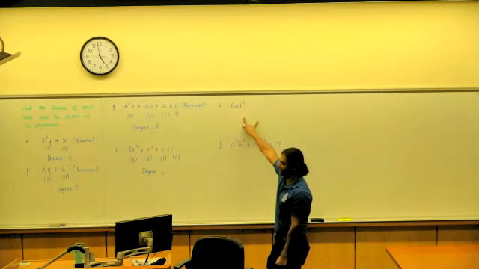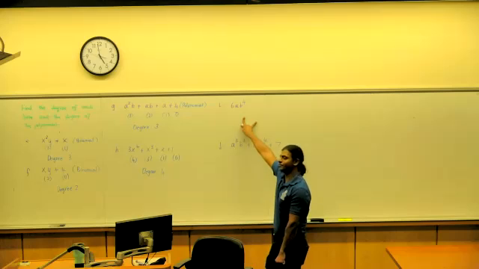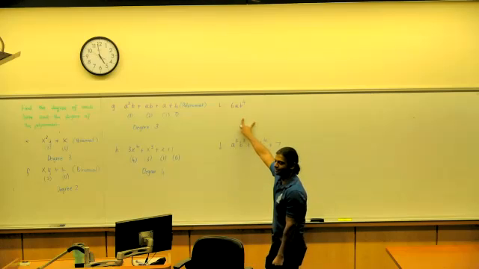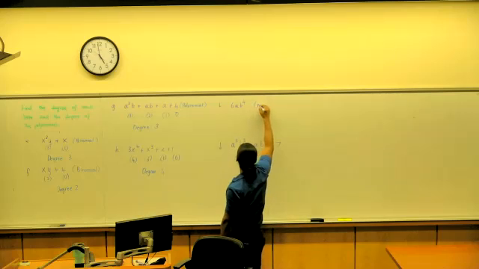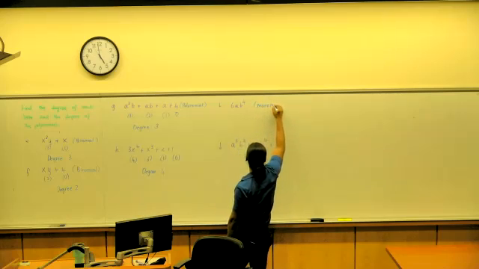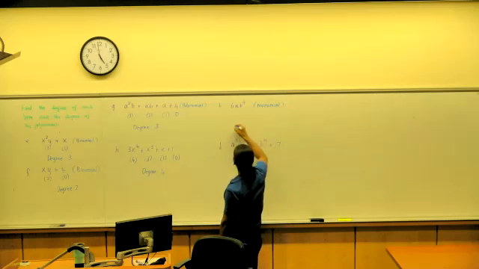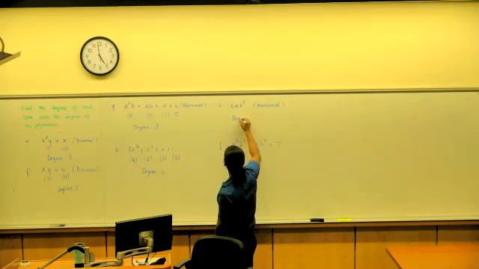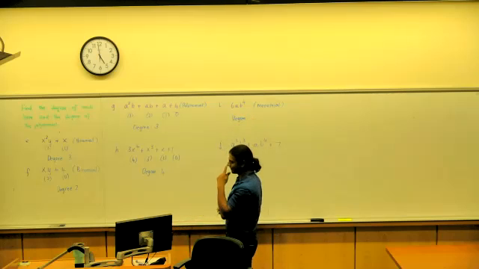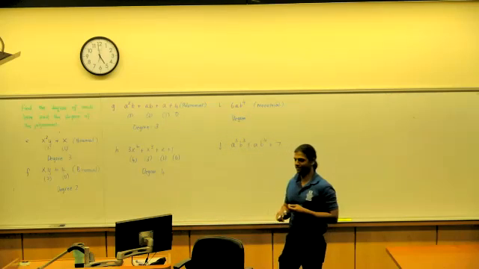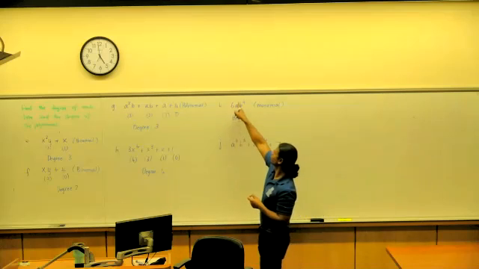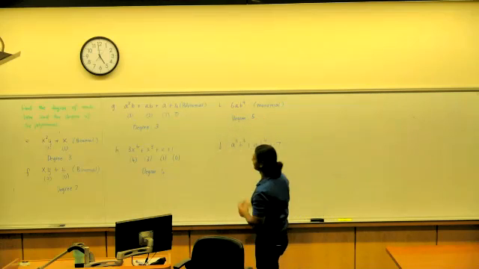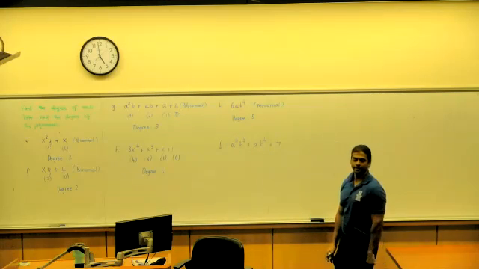Is that a binomial, trinomial, polynomial, monomial? Monomial. There is only 1 degree we have, and what is that? 5. So 1 plus 4, I get 5. Good.